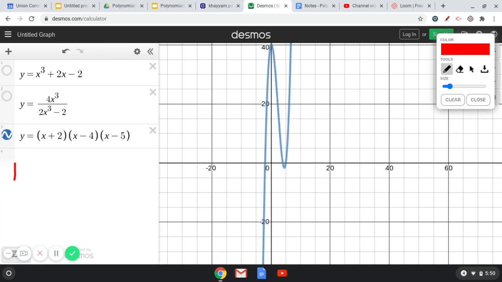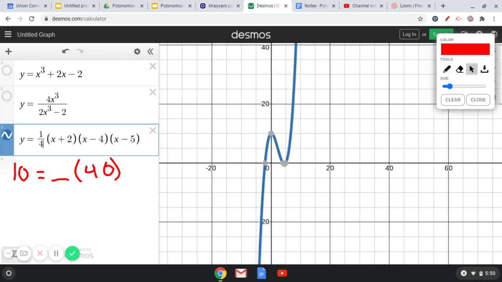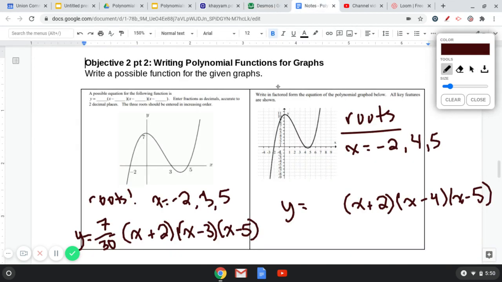So this means we want y to be 10 when x is 0, so we want 10 to equal something times 40. What is that something? Well, 10 over 40, 1/4, because 1/4 of 40 is 10. So if I throw a 1/4 right here, we will now cross at 0, 10. Which is exactly what we wanted, even though this graph is a little bit goofy.